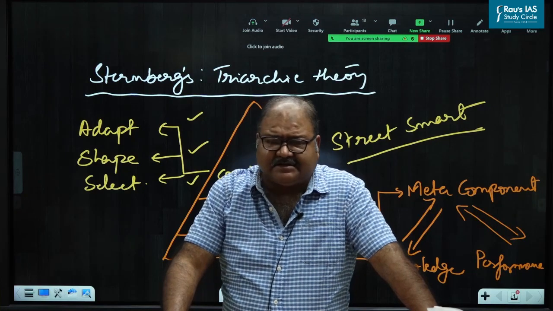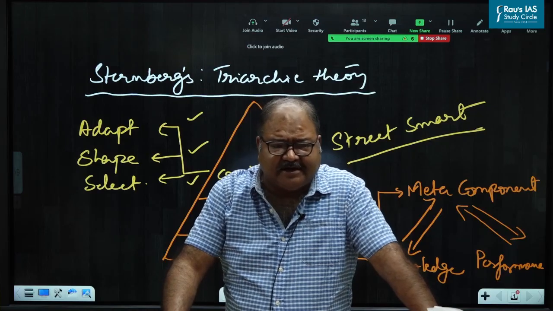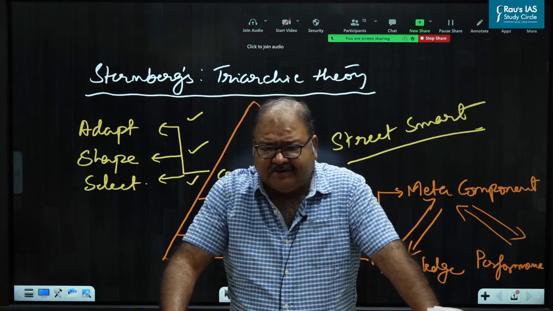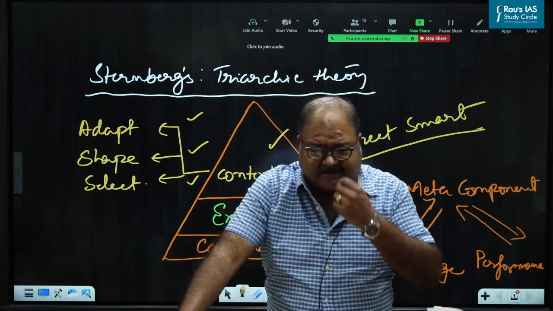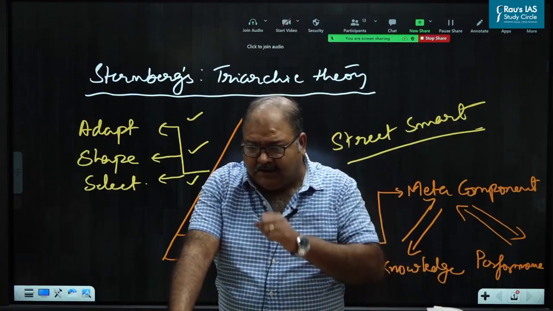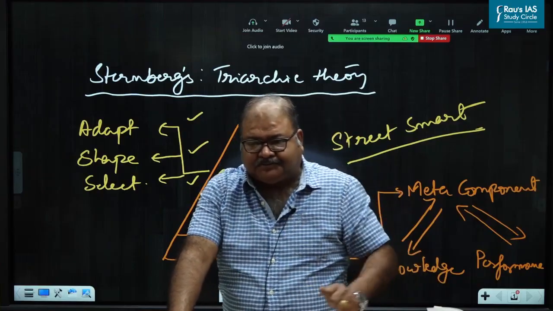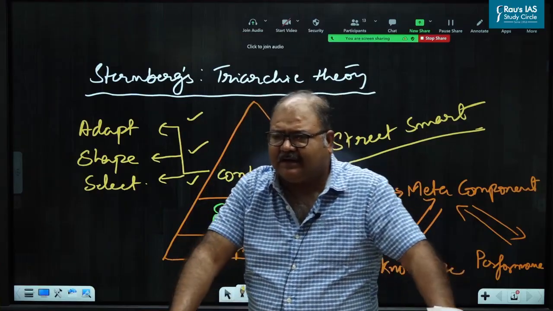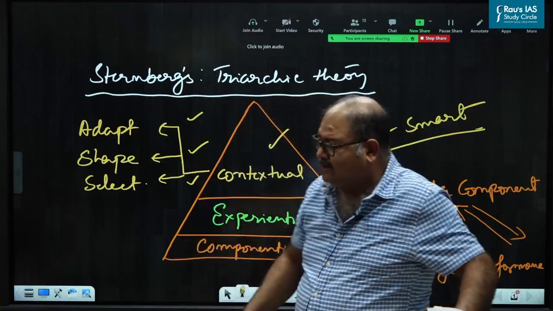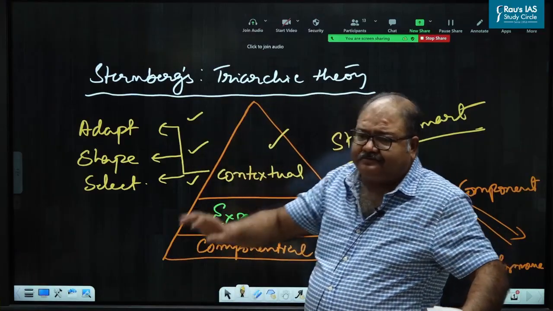So when you judge the situation that I need to be submissive, you immediately become submissive. And when you judge the situation that I need to be aggressive and assertive, you become assertive. How fast you are able to take that decision. Ability to shape.